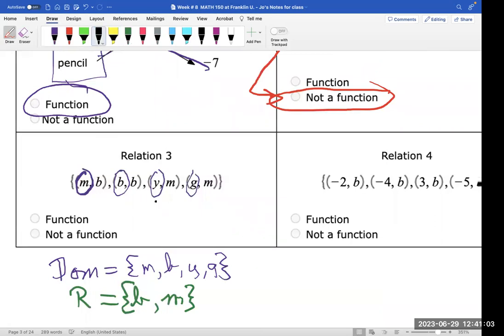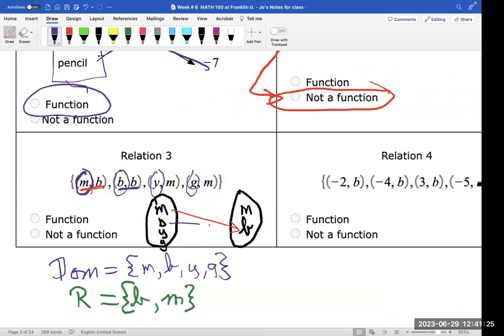Well, my recommendation is to, when in doubt, draw it out. I have M, B, Y, and G for my inputs. I have M and B for my outputs, and then M to B maps M to B. B to B maps B to B, so that's okay. Y to M maps Y to M. And G to M maps G to M.